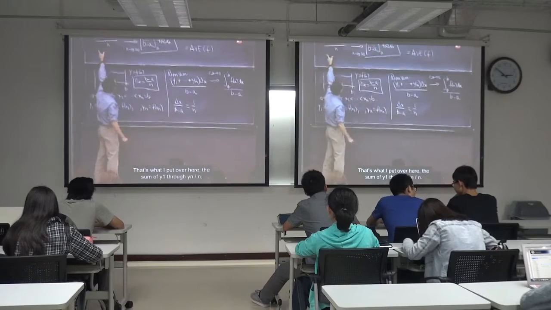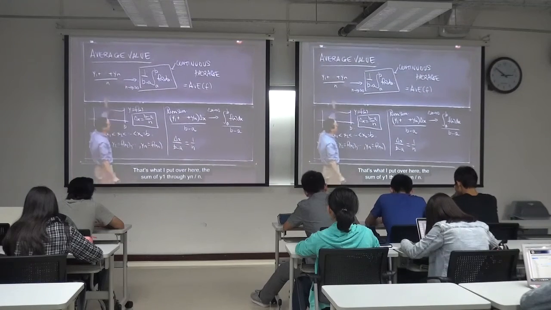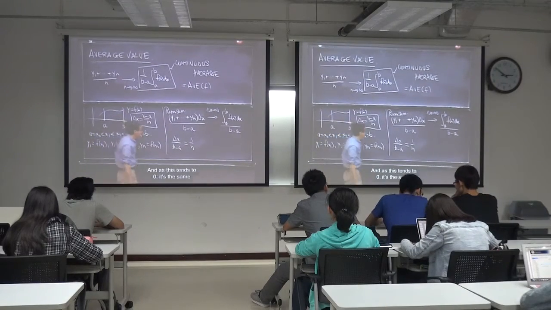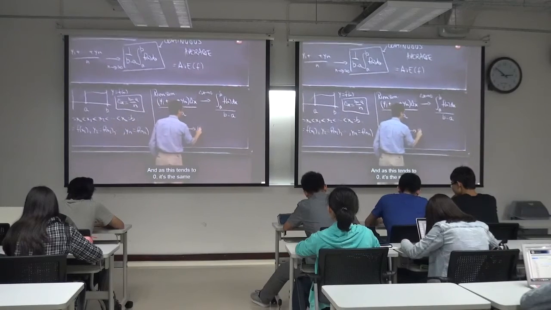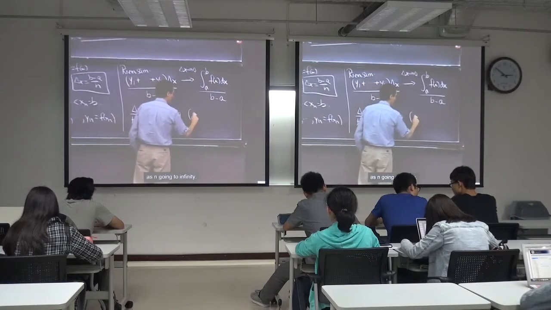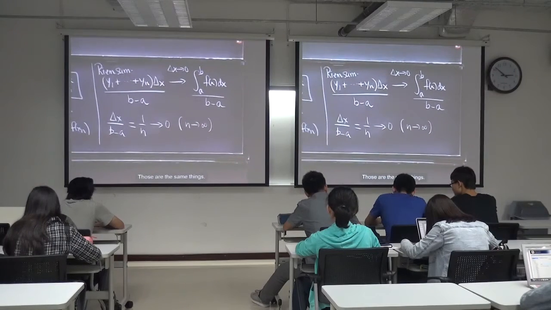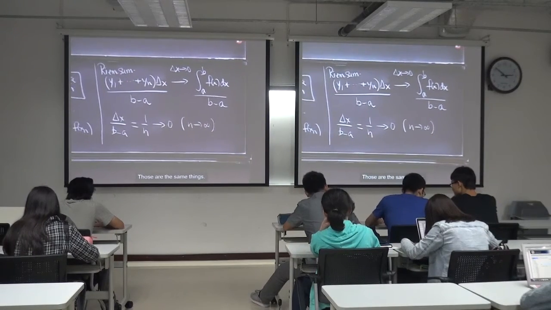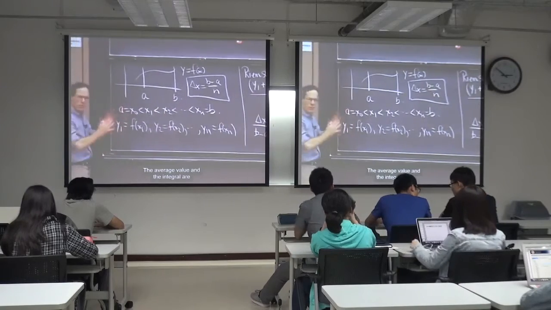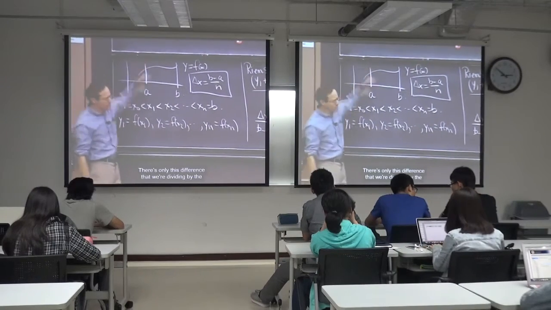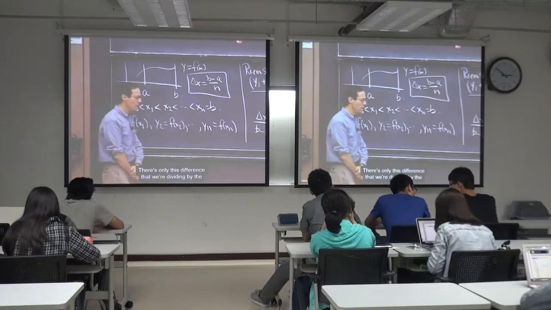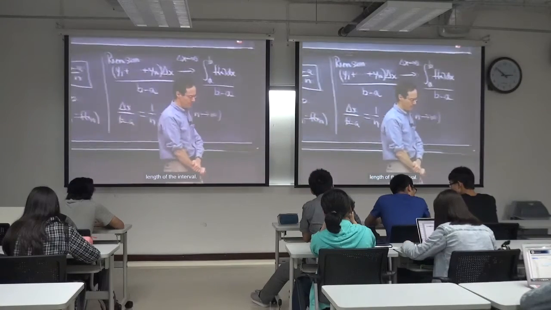That's what I put over here, the sum of y1 through yn divided by n. And as delta x tends to 0, it's the same as n going to infinity. The average value and the integral are very closely related. There's only this difference that we're dividing by the length of the interval.